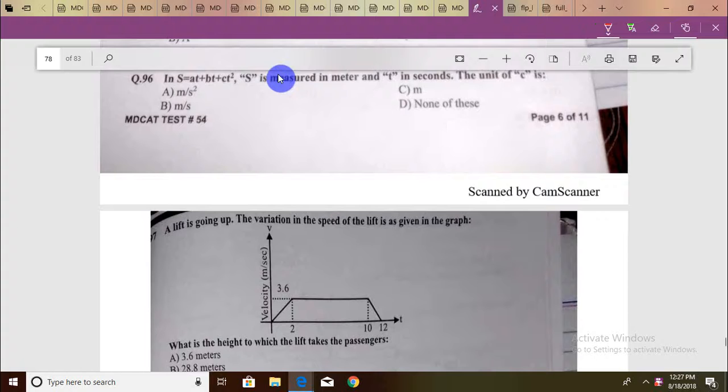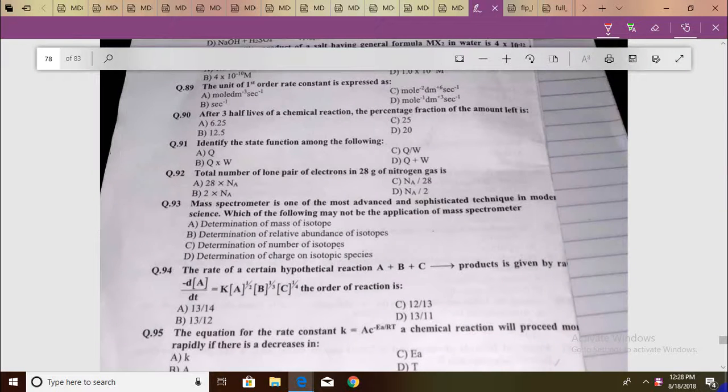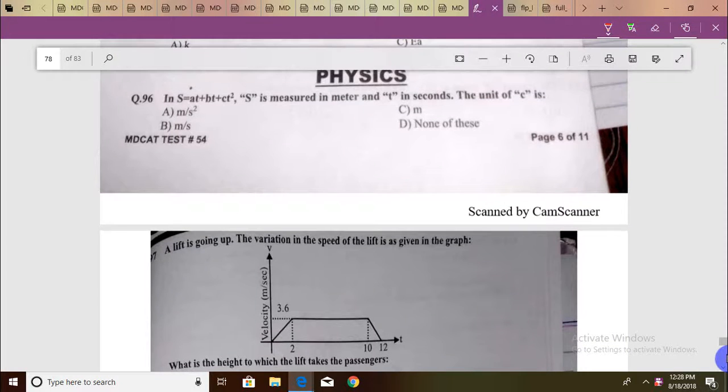This question ought to be familiar. S is equal to AT plus BT plus CT square, S is measured in meters and T is measured in seconds. So what is the unit of C?